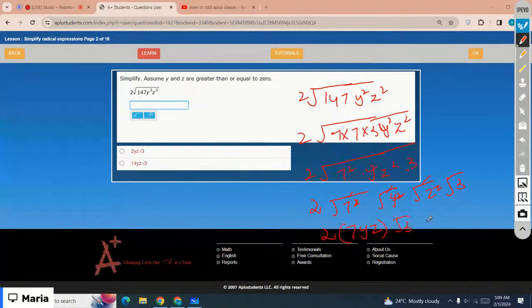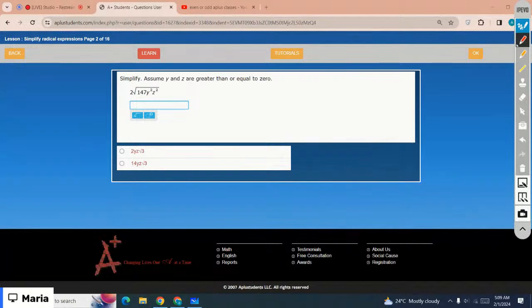You can multiply them, 2 times 7 makes 14 y z and square root 3. Option number 2 is the correct option. Got it? The correct option is 14 yz square root 3. Got it?